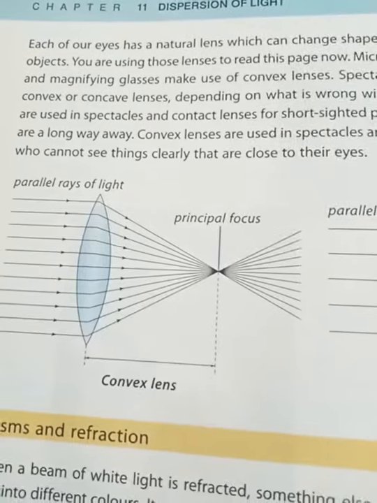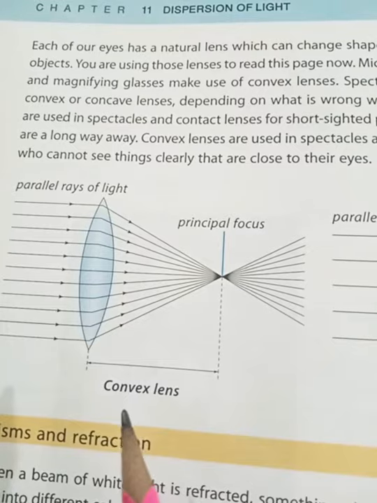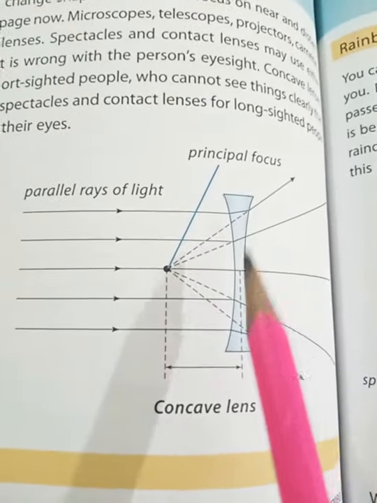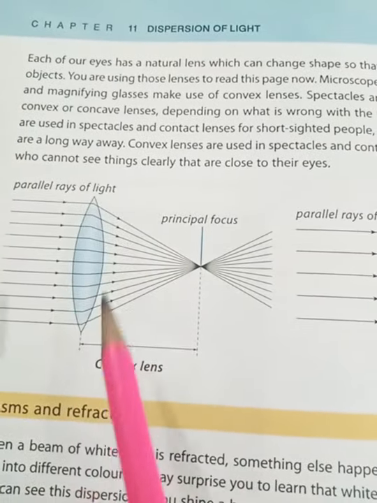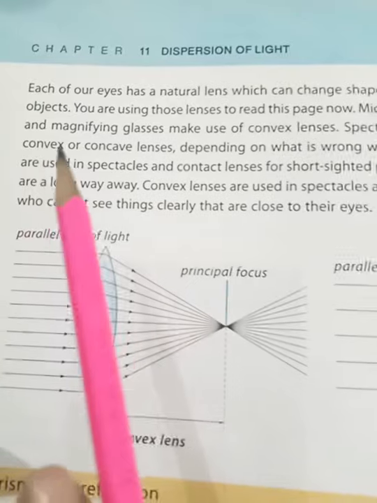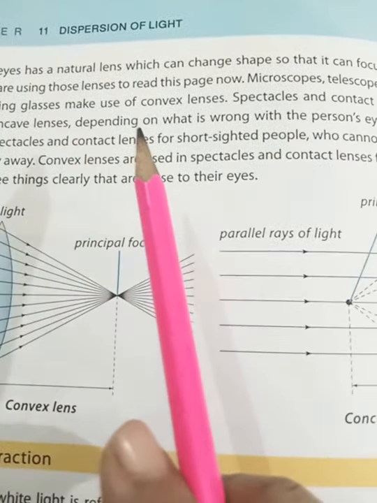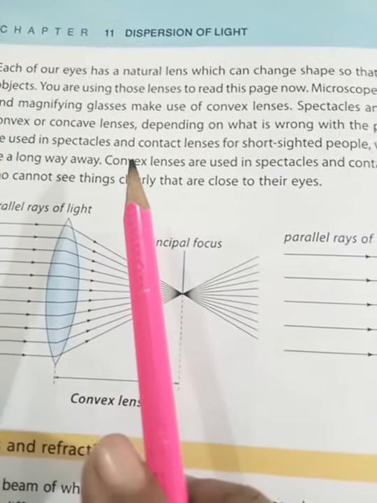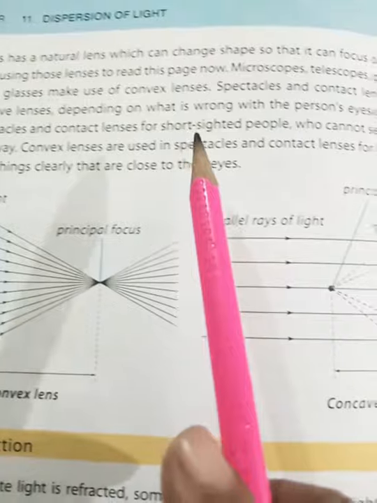Turn the page. These are the workings going on in the convex lens and in the concave lens. This shape of lens is called a concave lens, while this lens is called a convex lens. Each of our eyes has a natural lens which can change shape so that it can focus on near and distant objects. You are using those lenses to read this page now.